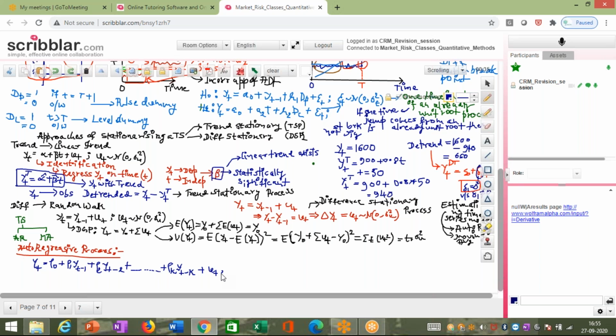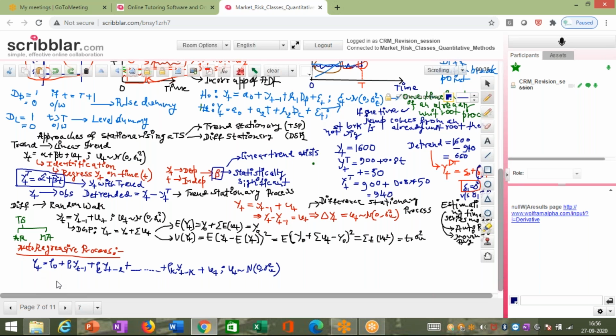Now the ut is a white noise. So ut follows a normal distribution with mean 0 and variance sigma square u.